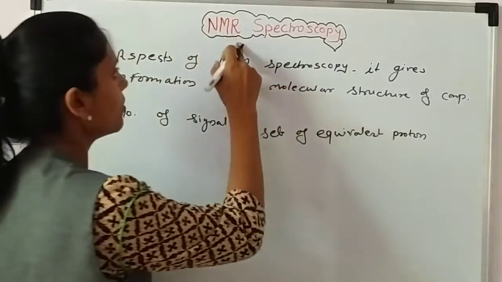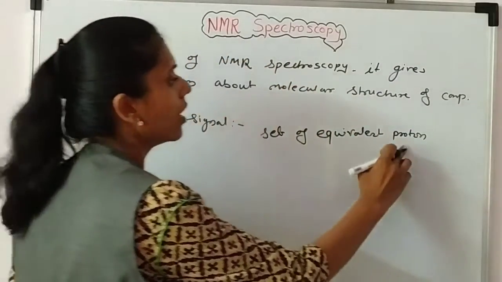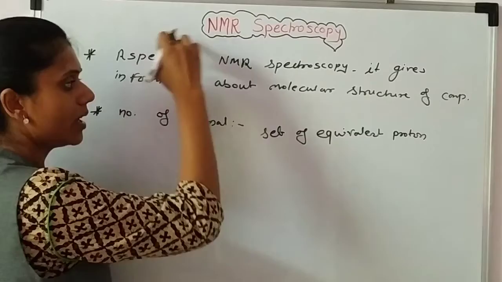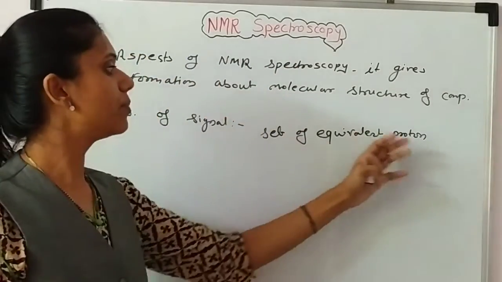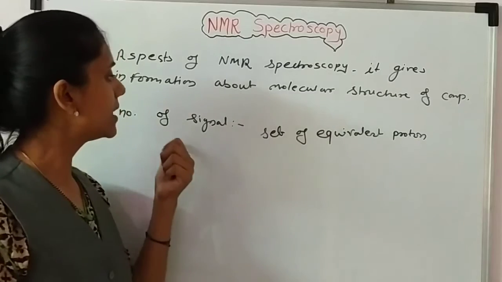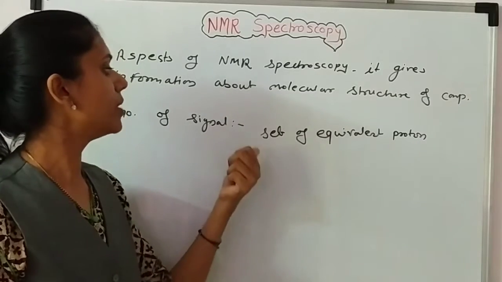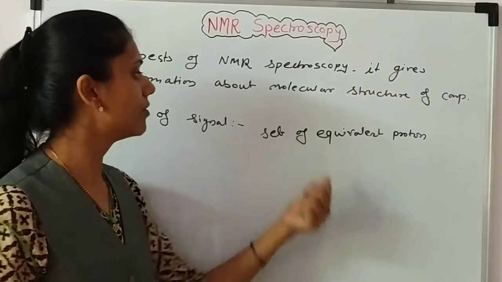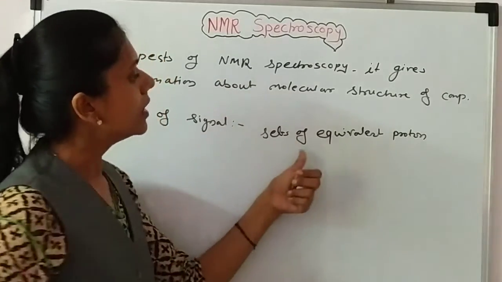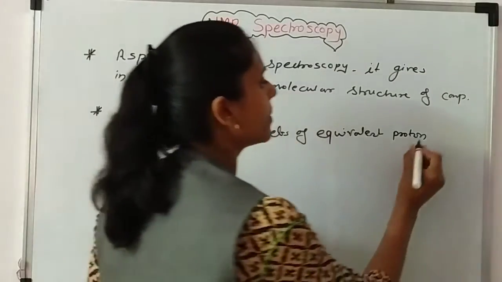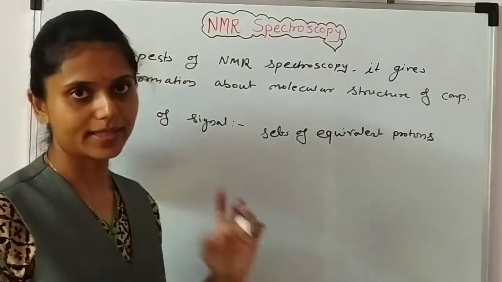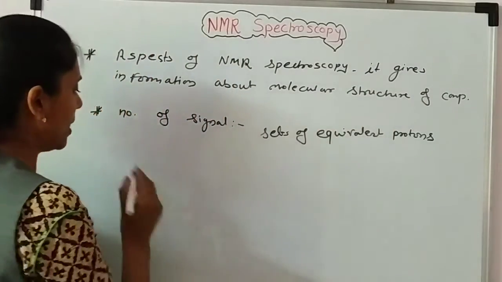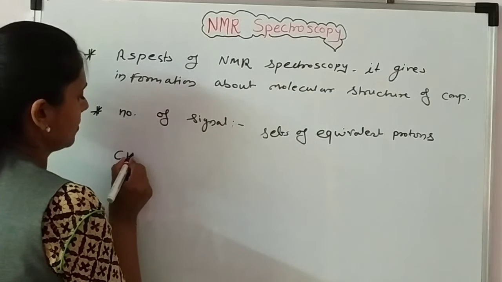We study NMR spectroscopy, and in this H1 NMR, I have written here the proton. The number of signals gives the information about how many sets of equivalent protons are present in a compound. For example, I have taken one example, ethane.